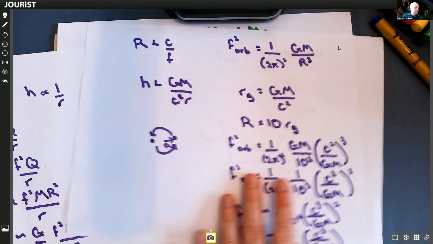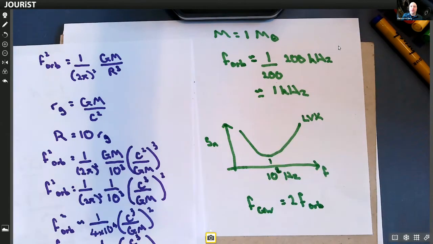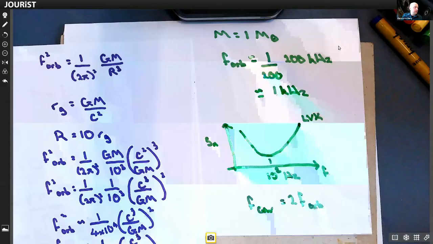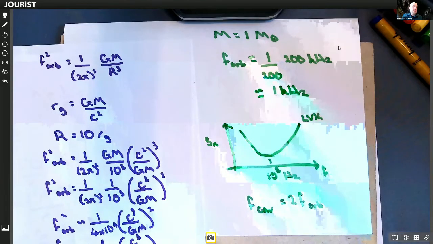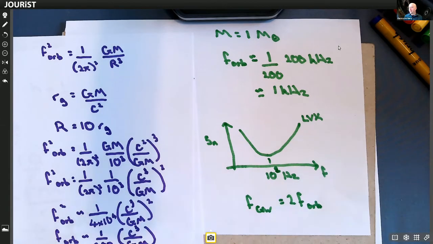So roughly 1 kilohertz for the orbital frequency, 2 kilohertz for the gravitational wave frequency for a 1 solar mass binary here. But yeah, factors of 2, somewhat below our characteristic scale for accuracy in these approximate things. But yeah, it's a good question.